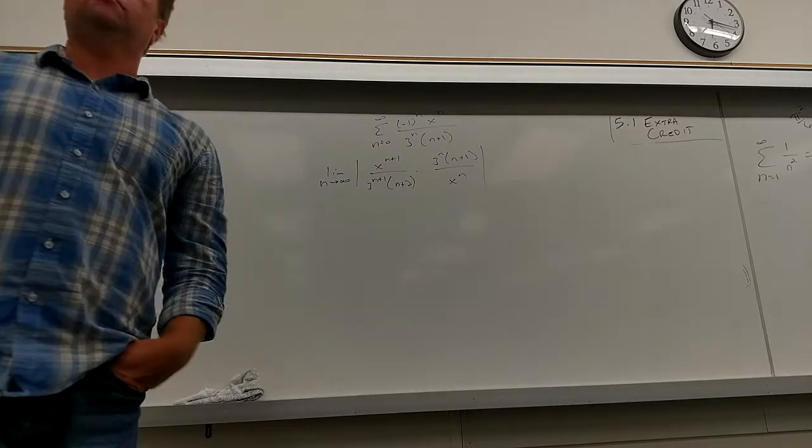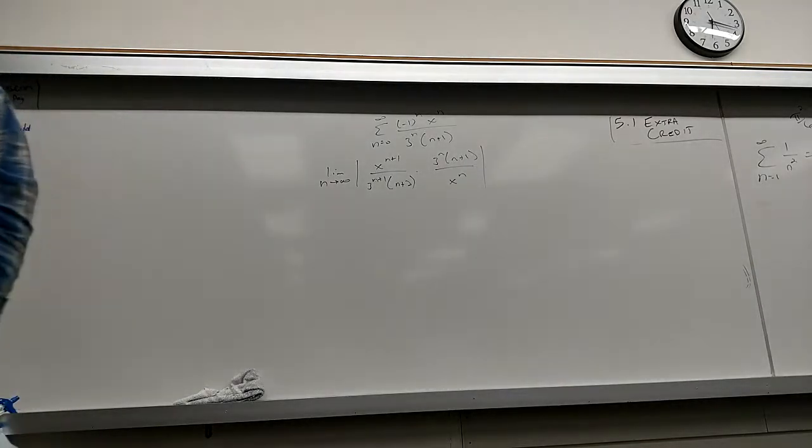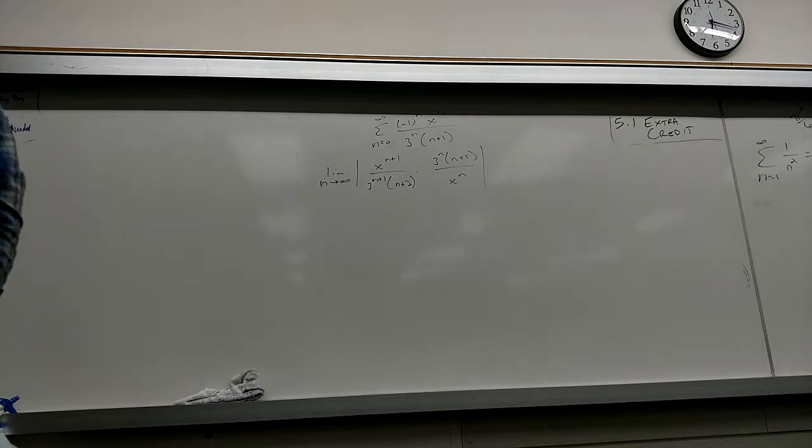Absolute value makes it always positive. Yeah, so that piece, that alternating piece, goes away.